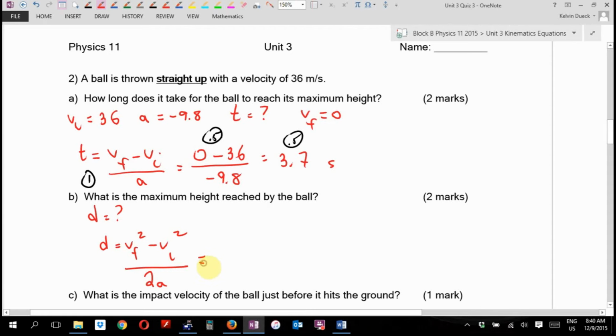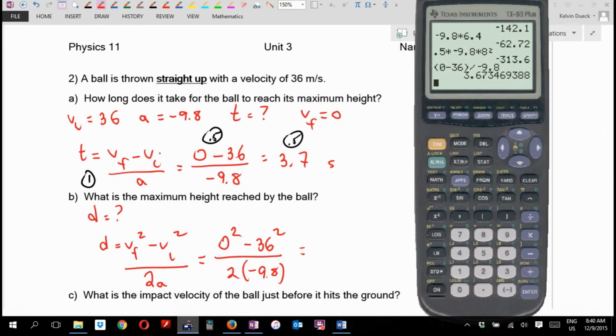So I'm going to go 0 squared minus 36 squared all over 2 times negative 9.8. I get a positive height because I am above. Did you get 66.1? I'm going to go 66 to 2 sig figs.